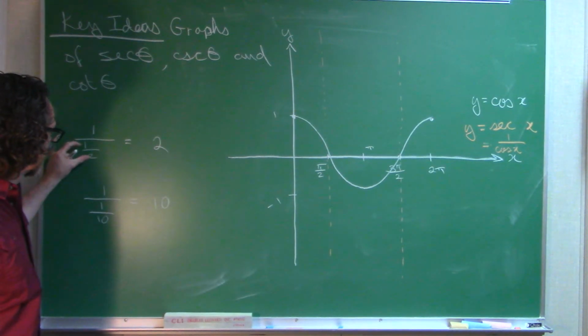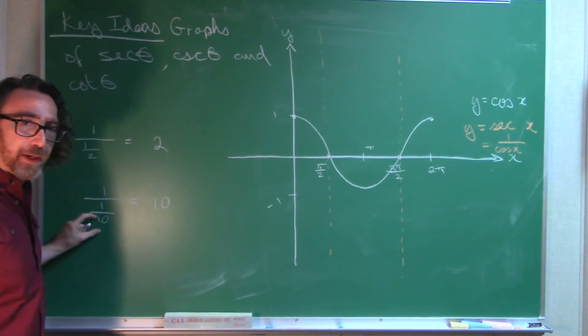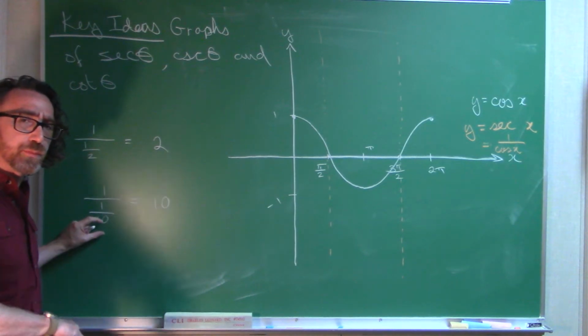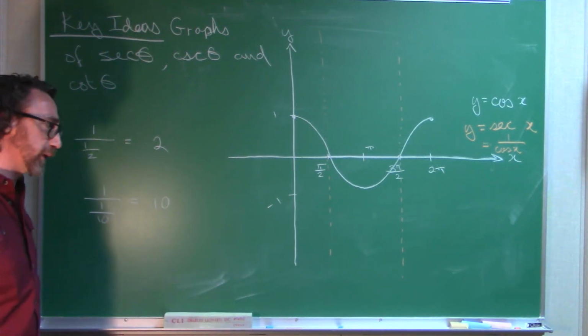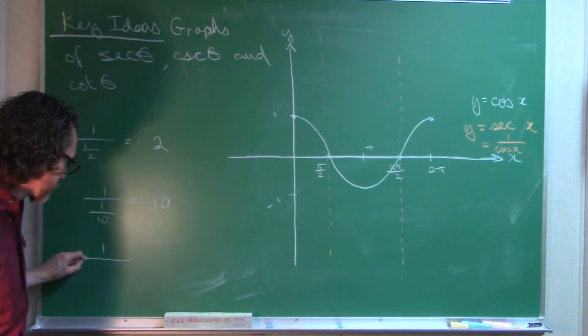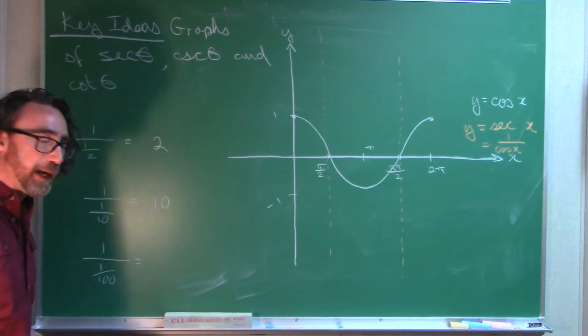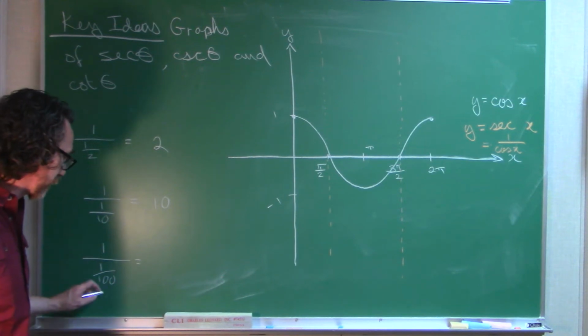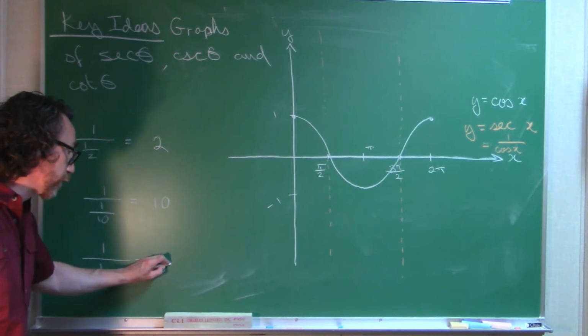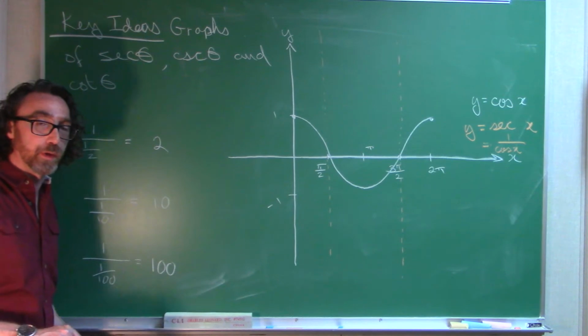So 1/10 is smaller than 1/2, and its reciprocal got bigger. If I go even smaller, let's say 1 over 100, the reciprocal of that is 100 over 1, or just plain old 100.